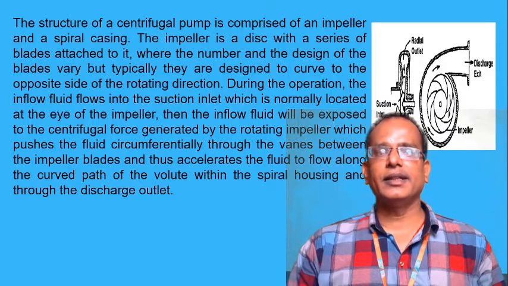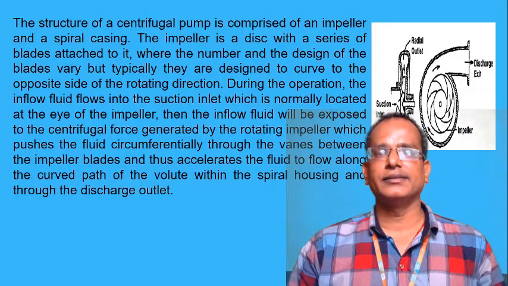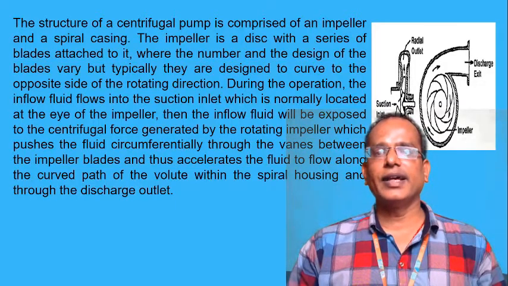During the operation, the inflow fluid flows into the suction inlet, which is normally located at the eye of the impeller. Then the inflow fluid will be exposed to the centrifugal force generated by the rotating impeller, which pushes the fluid circumferentially through the vanes between the impeller blades.